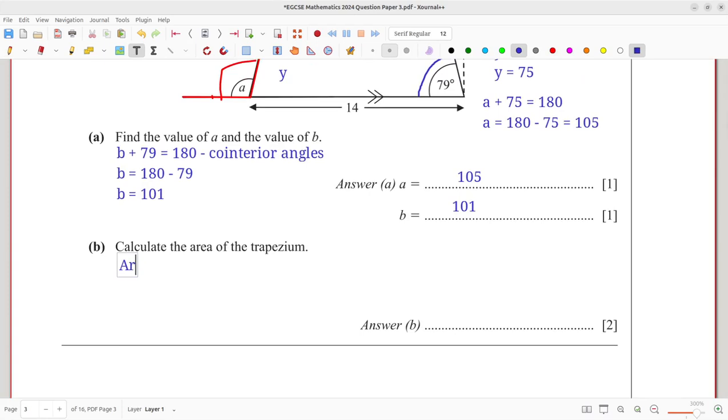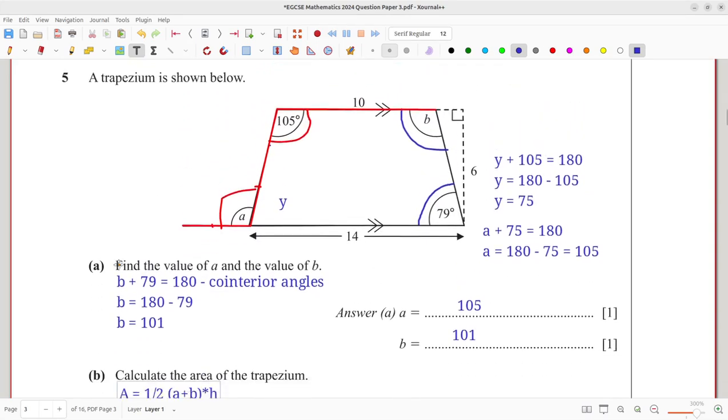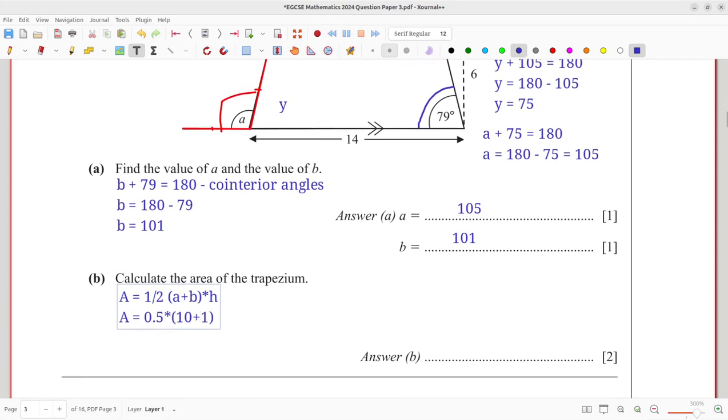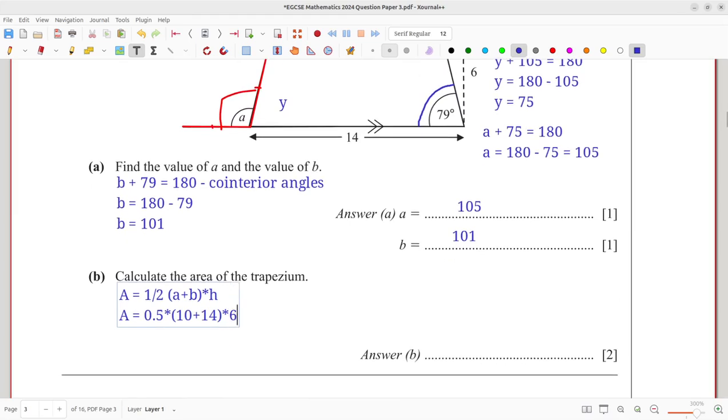Area of a trapezium is equal to half A plus B, where A and B are the parallel sides, multiplied by the perpendicular height H. So the area is equal to 0.5 multiplied by A plus B. A is 10, B is 14. 10 plus 14 multiplied by the perpendicular height, which is 6.